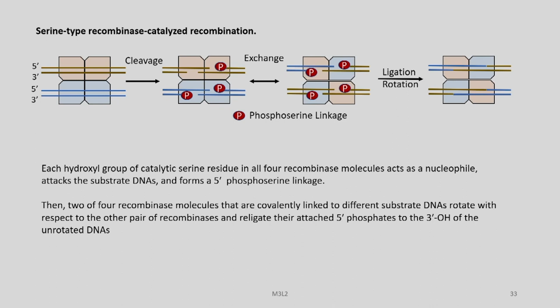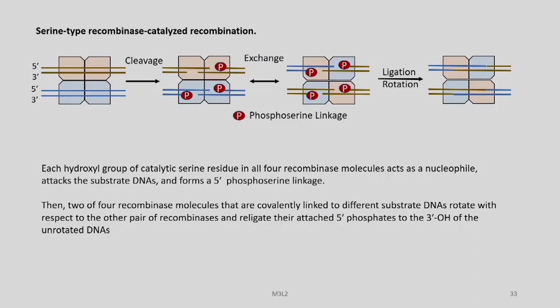So, you have 4 units and they are similarly binding 2 different DNA molecules, and then 2 of these are on the top and bottom, and they bind to separate DNA strands.